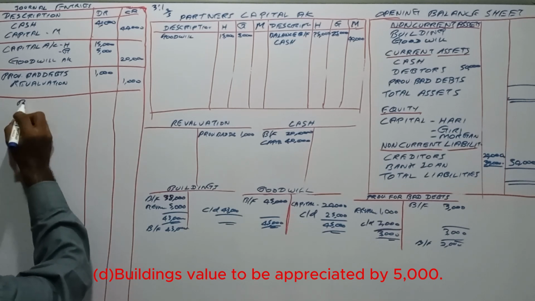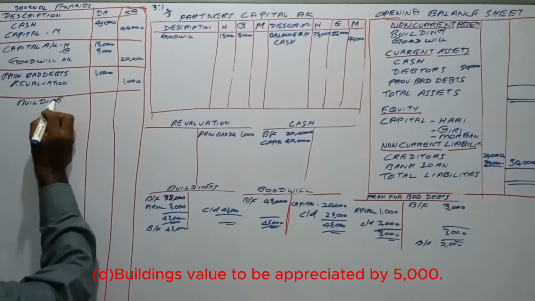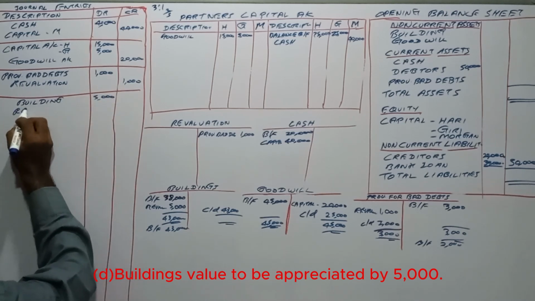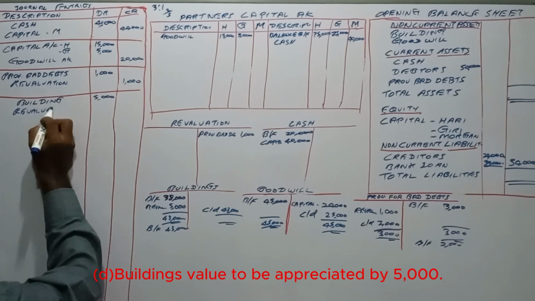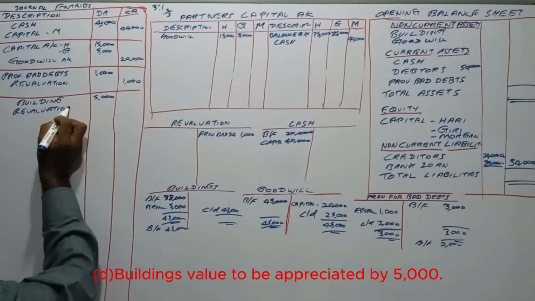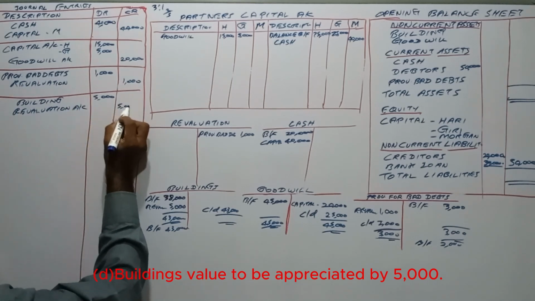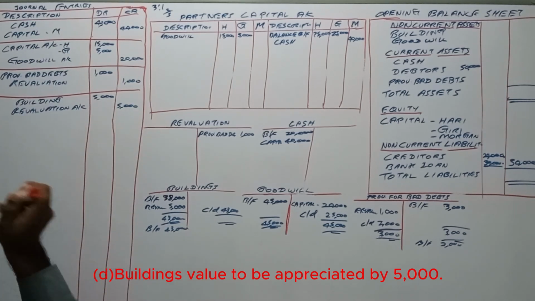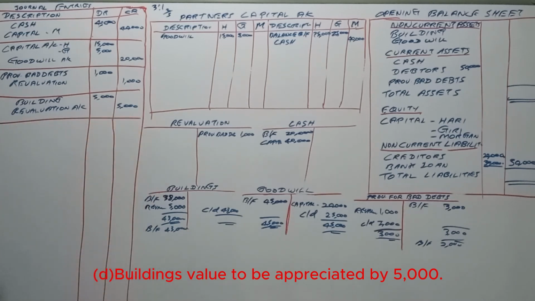So the double entry for that: building account debit 5,000, revaluation account credit 5,000, being appreciation of the building value.